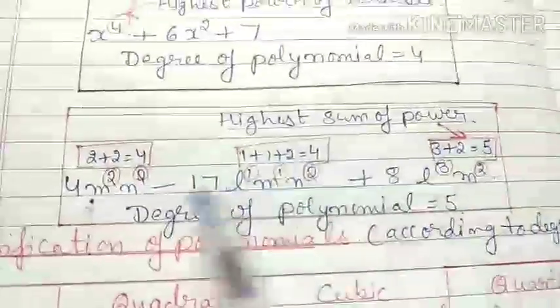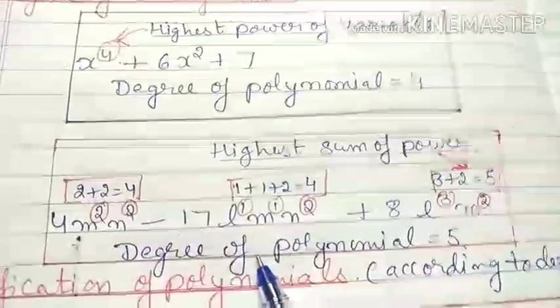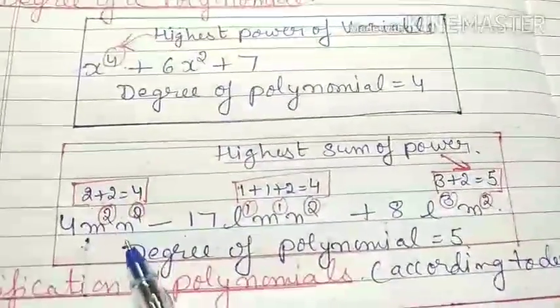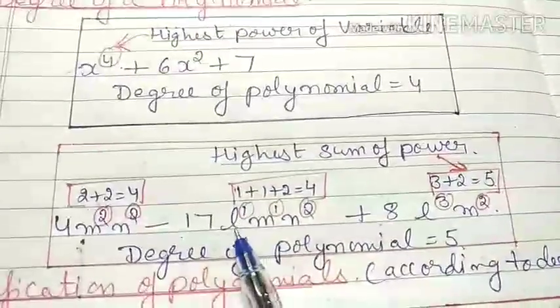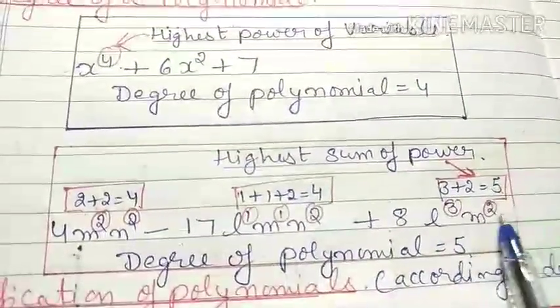But if you have two or three variables multiplied with each other, how do you identify the degree in that case? Suppose I have the expression 4m square n square minus 17l m n square plus 8l cube m square.